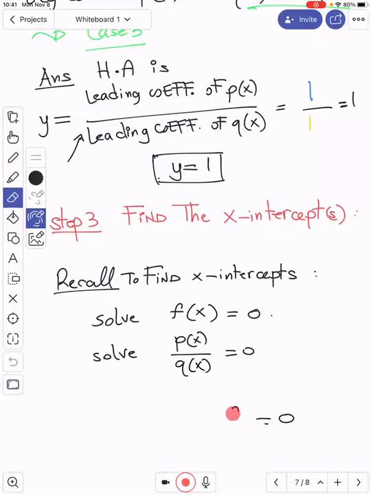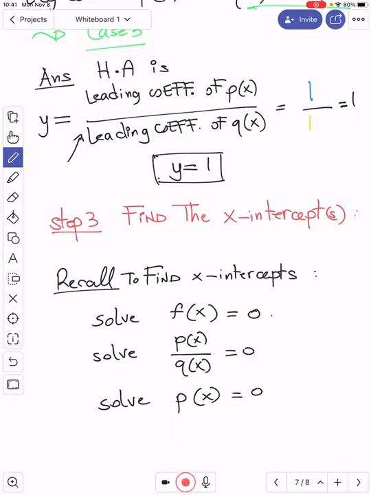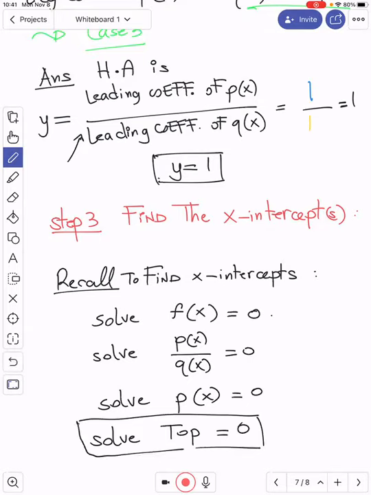If the top is 0, then the fraction is going to be 0. In other words, we have to solve the top equal to 0.